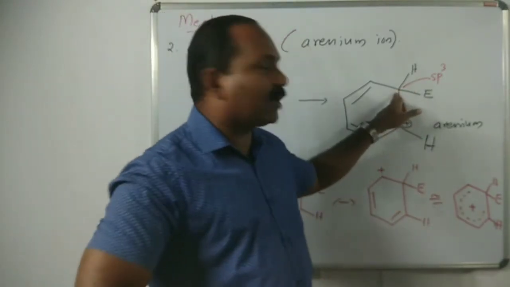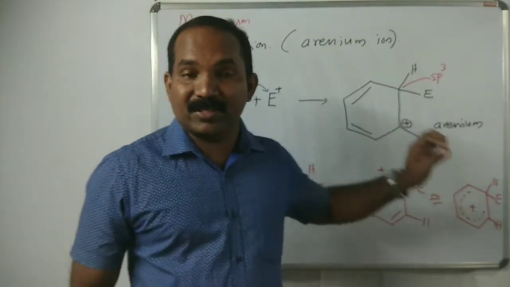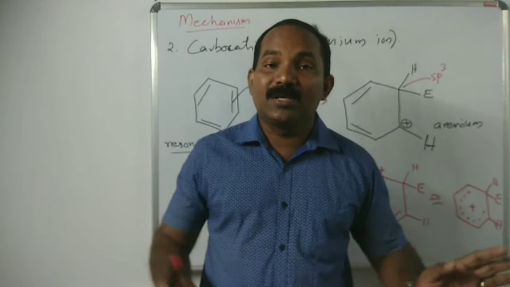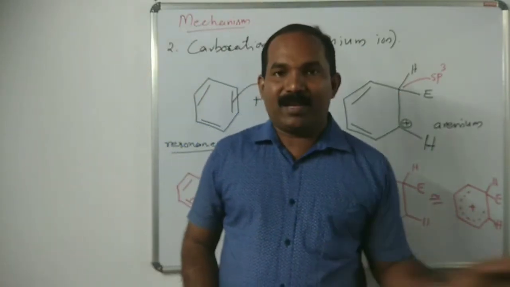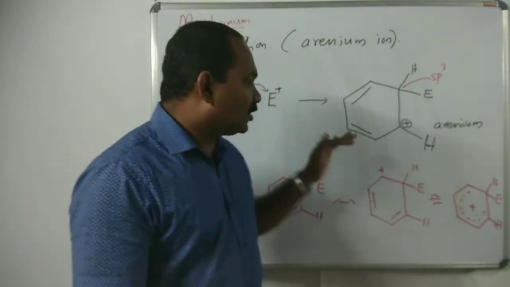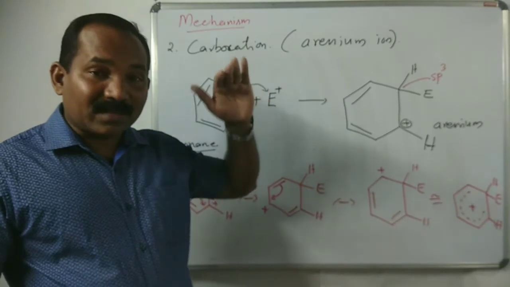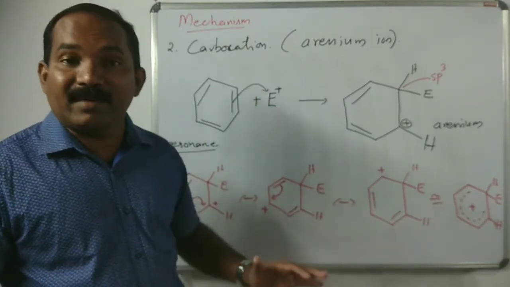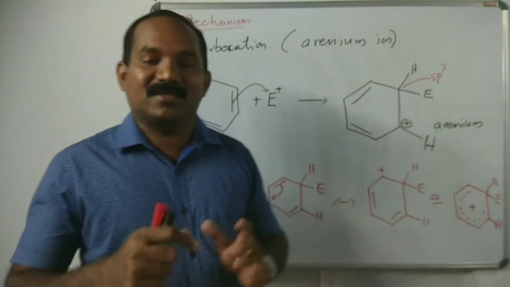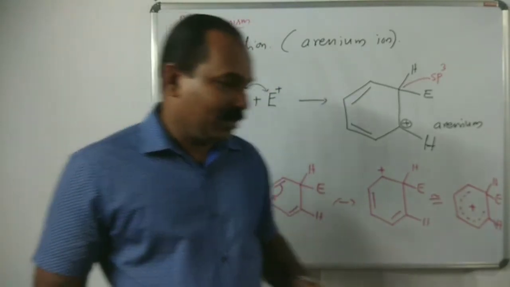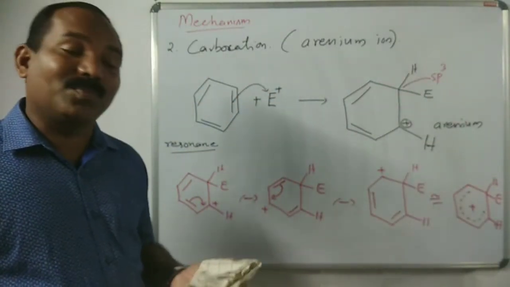And moreover, this carbon atom is sp3. Okay, the complete resonance is lost because this carbon atom is sp3 hybridized. Are you clear? So this is the second step, formation of carbocation or arenium ion. That arenium ion is stabilized by resonance. Clear? Okay, the last step is removal of proton.